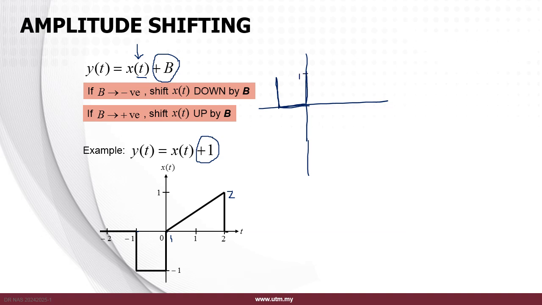So here is +1. And then going up, 1 plus 1 becomes 2. And here 0 at point 1. Okay, so this is your new signal, crossing at 1. Okay, so this is -1, 0, and here is 2.